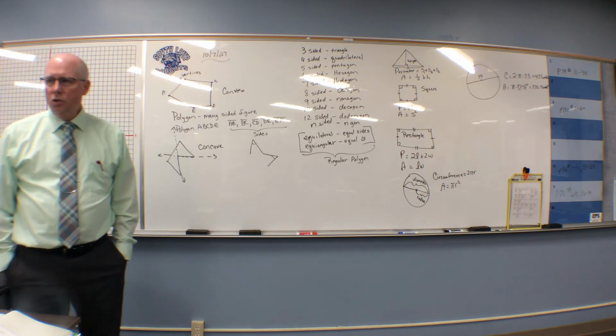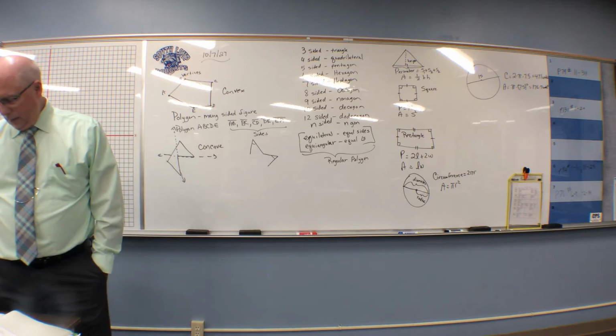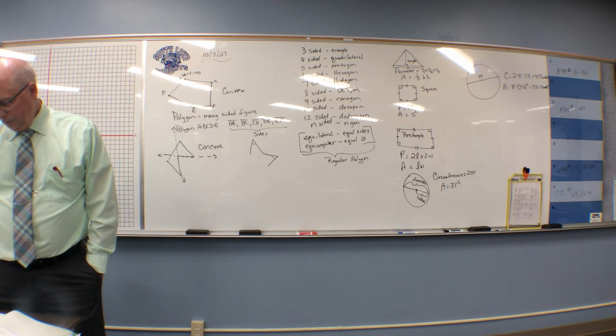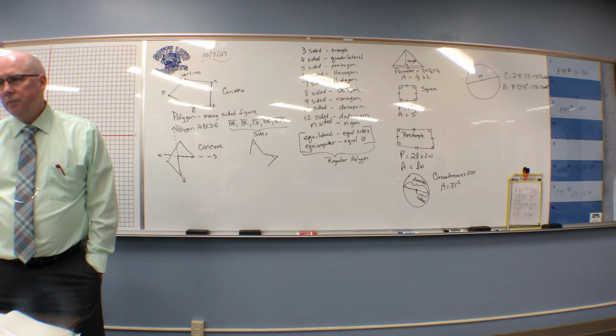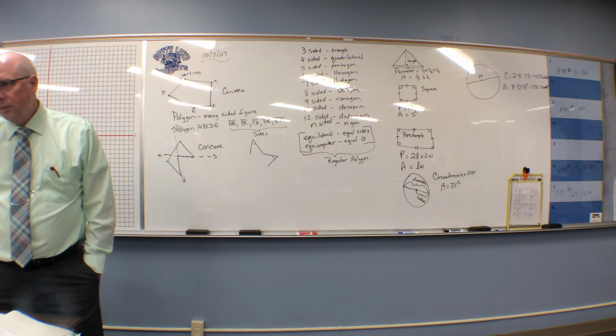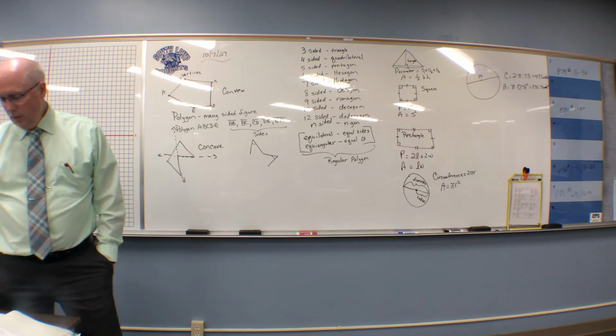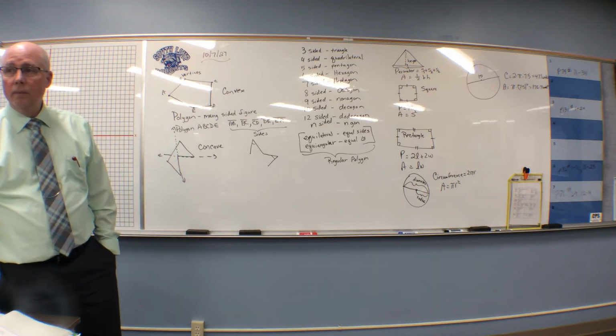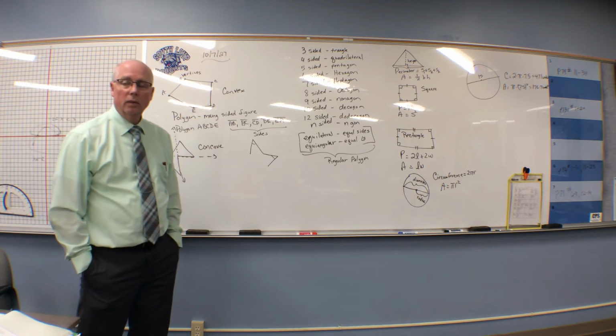All right, number 12. What is that? How many sides does it have? I did not count right. 1, 2, 3, 4, 5, 6, 7. So it's a what? No. Look at your notes.